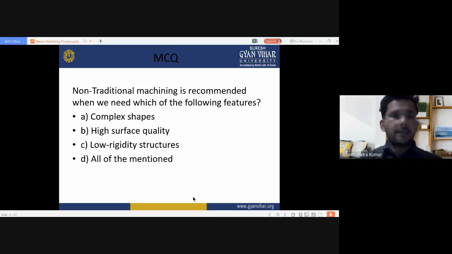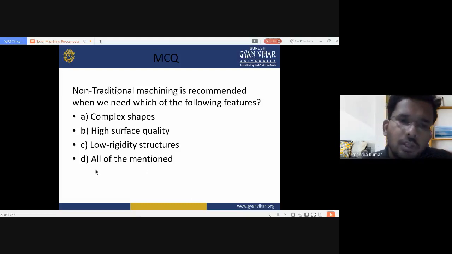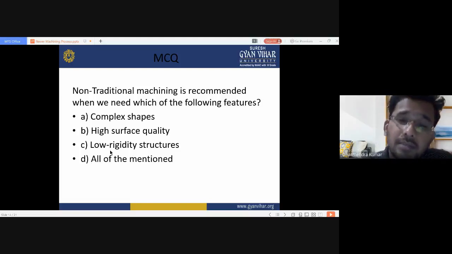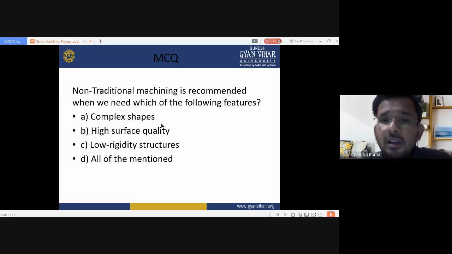Here in the options, it is given why non-conventional or non-traditional machining is recommended. If we know the advantages of non-traditional machining, then we can go with option number 4, because it says that all of the mentioned options we can easily get from non-conventional machining.